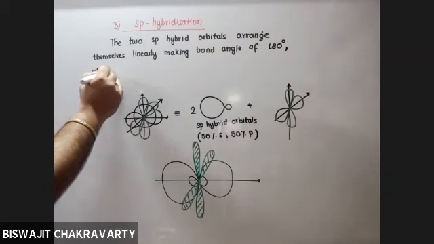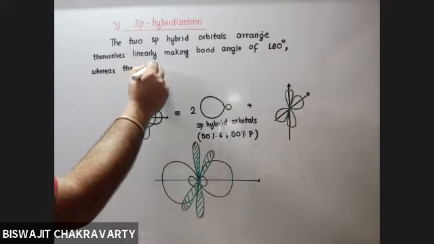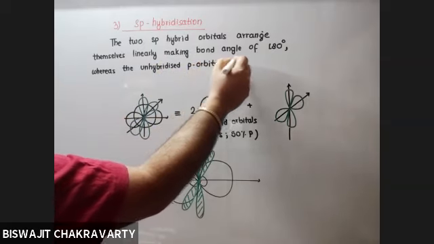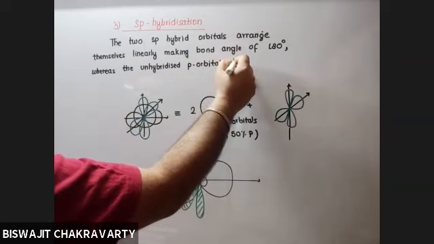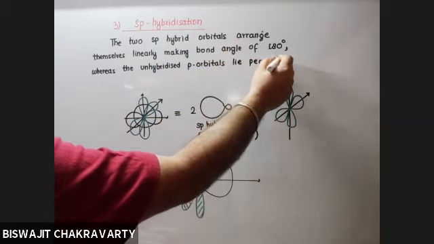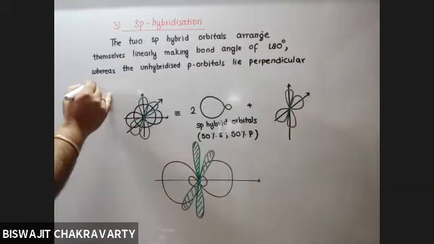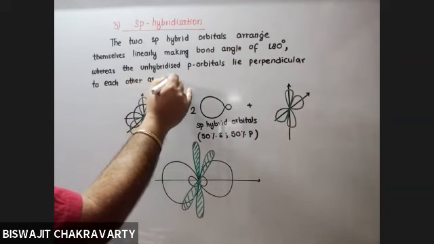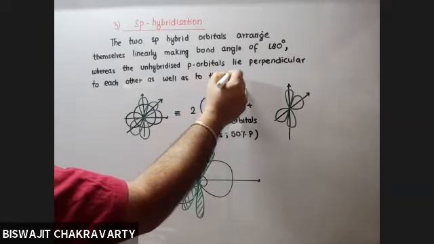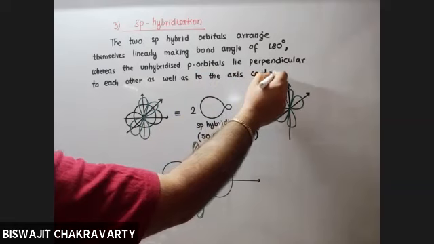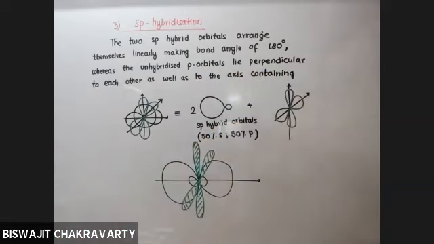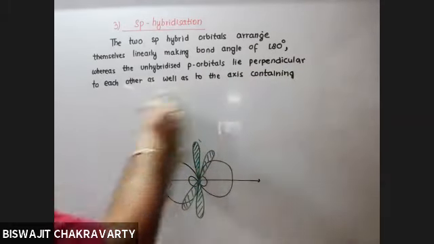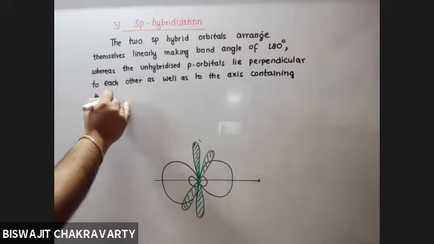Whereas the unhybridized p orbitals lie perpendicular to each other, as well as to the axis containing the hybrid orbitals.